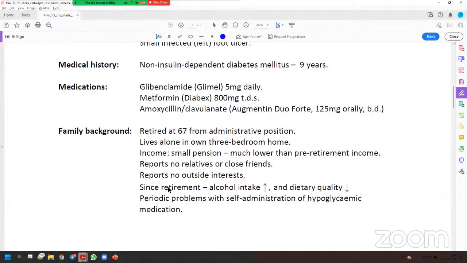All these things will go into main body paragraph 2, along with family background.